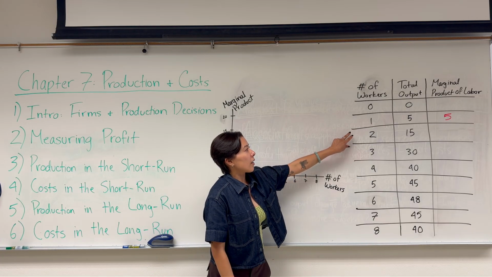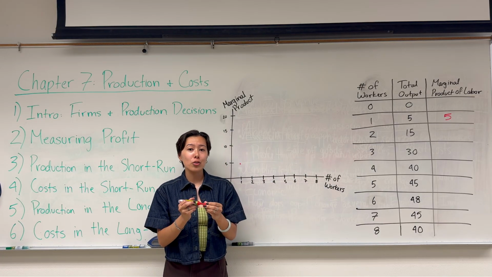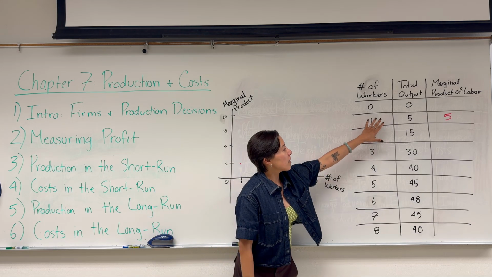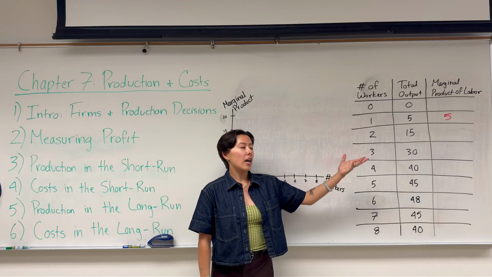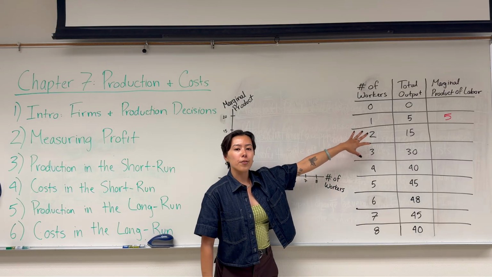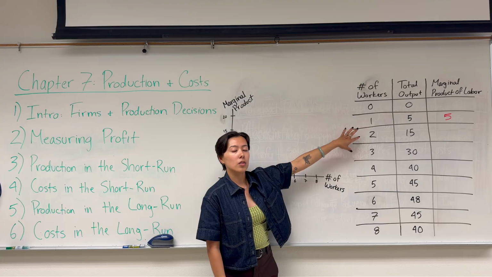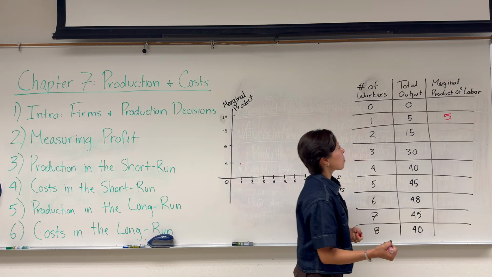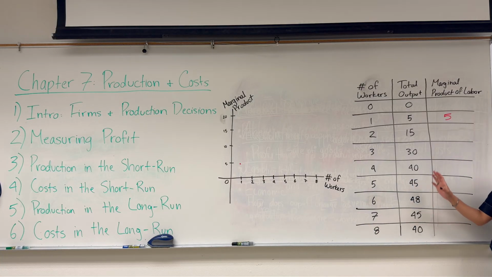Now, if I want to hire the second worker, I want to make sure that this second worker is actually going to add to my production, right? And lucky for me, that is the case. So I hire the second worker, my number of burgers sold per day increases from 5 to 15, so I'm happy. And the marginal product of labor for the second worker is just the change in my output that's caused by this second worker.